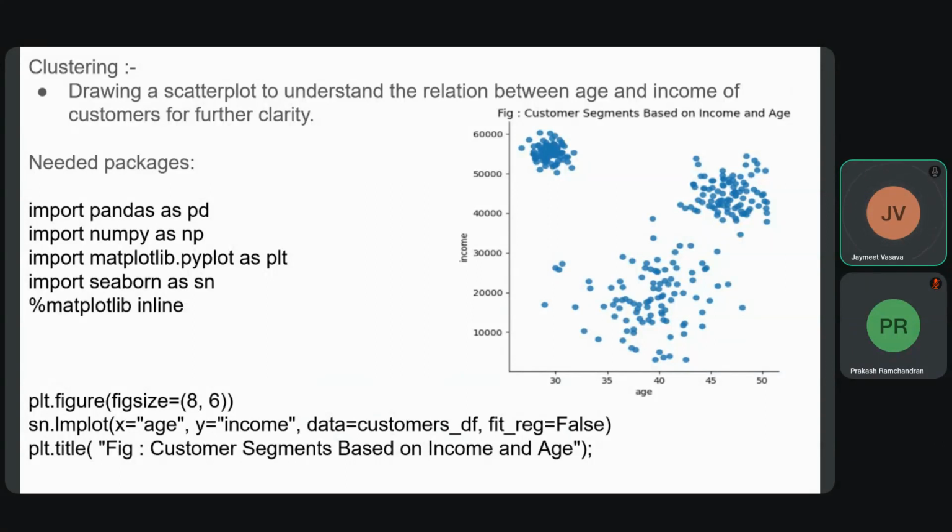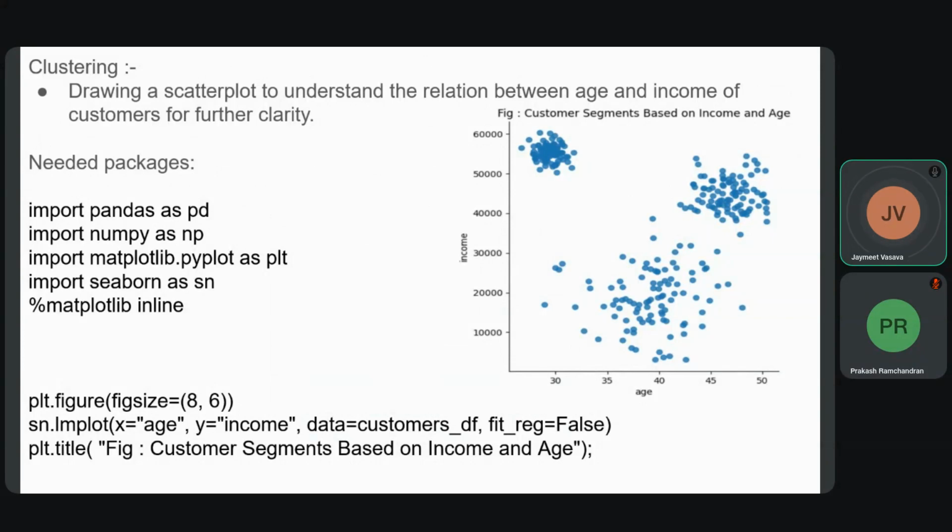We'll import the needed libraries and then plot the graph using the data. So when we plot it, this is what the graph looks like, as you can see on the right side of the screen.